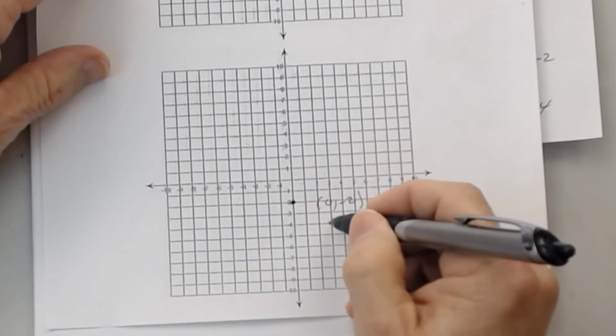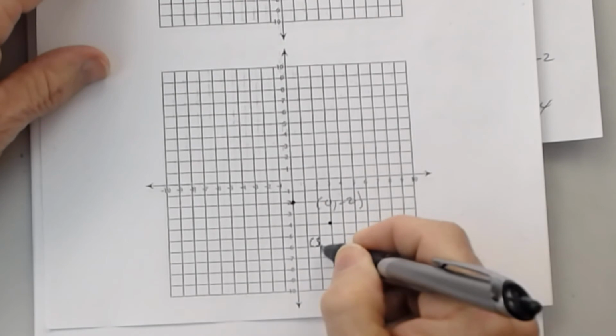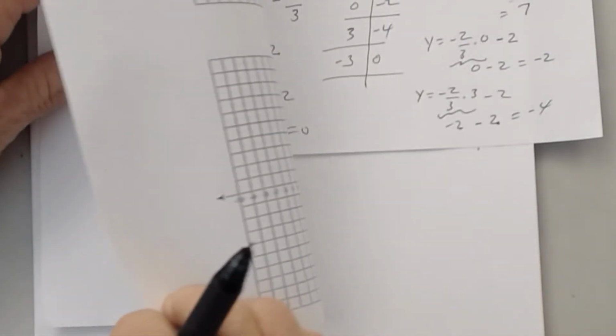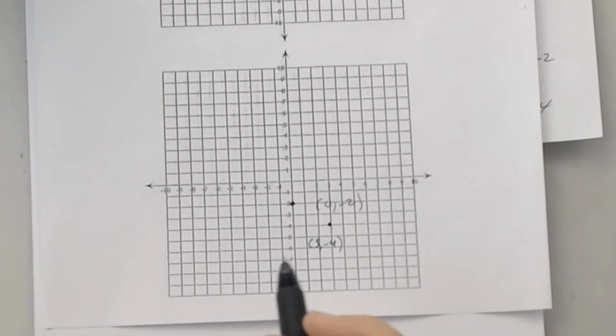Right here. And then the other one is negative 3, 0. So where's negative 3, 0 located? On the x-axis. Which side of the x-axis? The left, the negative, right?